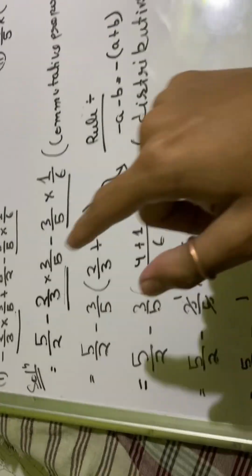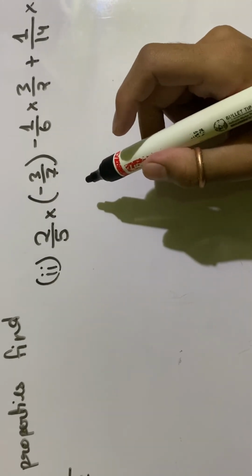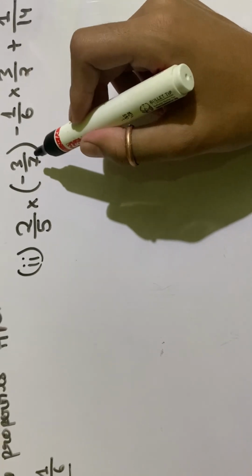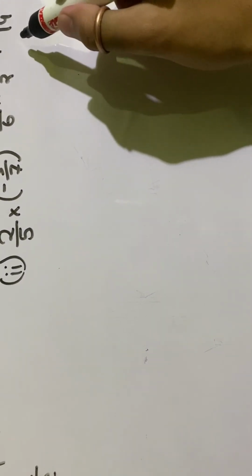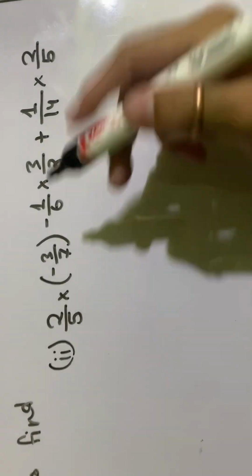So I will rub this. So this is question number 2, which states 2 by 5 into bracket minus 3 by 7 bracket close minus 1 by 6 into 3 by 2 plus 1 by 14 into 2 by 5 into 2 by 5.